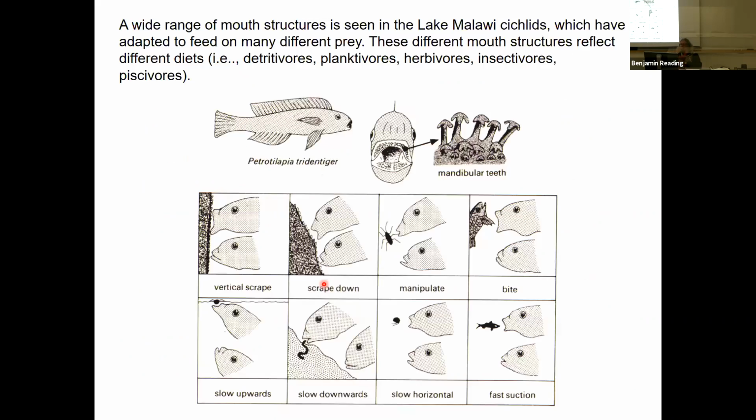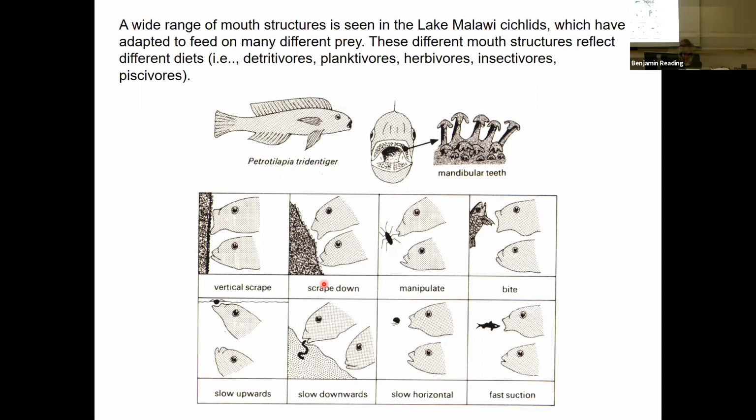We talked about the diversity of family Cichlidae, one of the most diverse families of fishes in the world. I talked about the cichlids of Lake Malawi. These are the Darwinian finches.